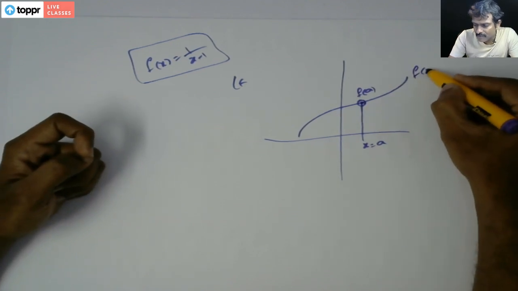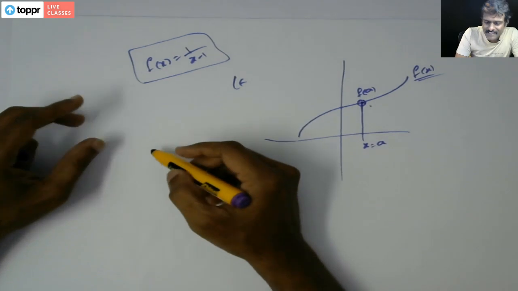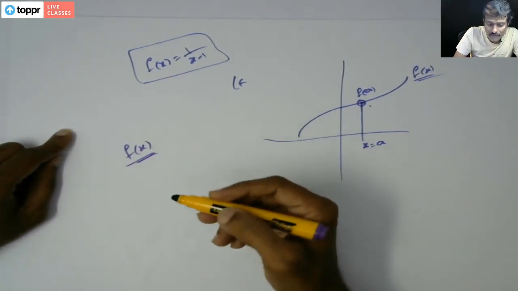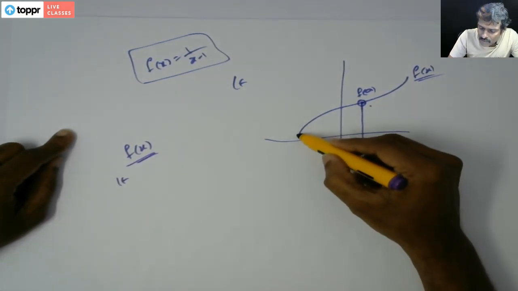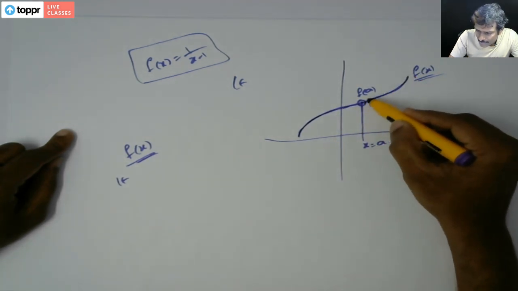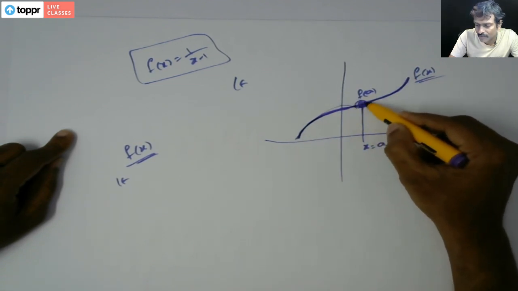If this graph is called f of x, then this will be f of a. So when can we say that the limit exists? For a function f of x, you can reach the point from the left side or from the right side. Both ways you can do it, right? You can travel this way, or you can travel this way, and you can reach the point.